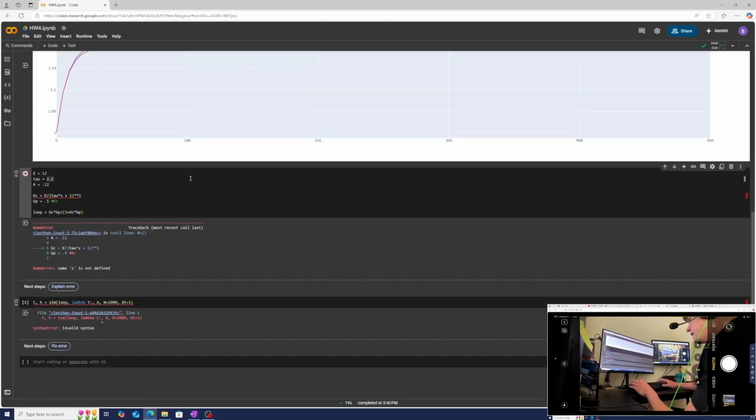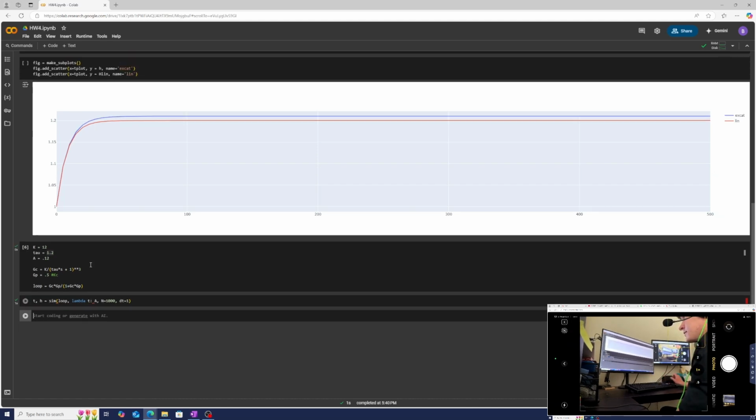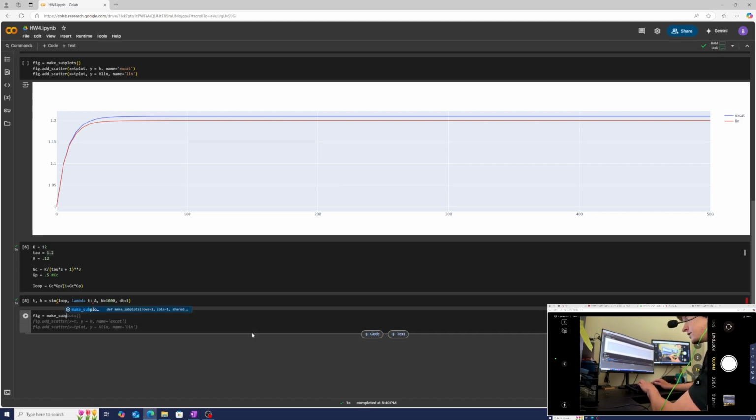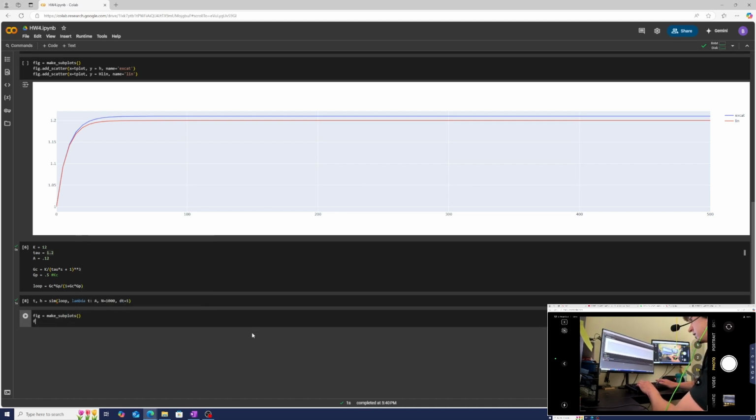Now we can go back. Invalid syntax. We don't need a comma after the colon. So that ran, so now we can make our figure. Make subplots. Fig dot add scatter.